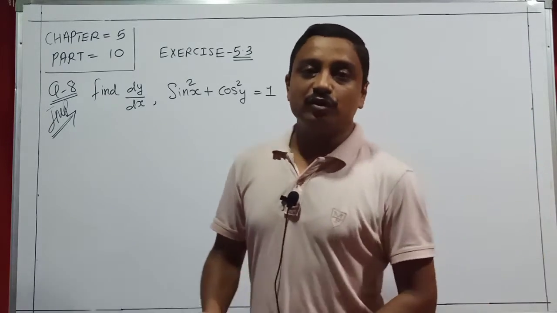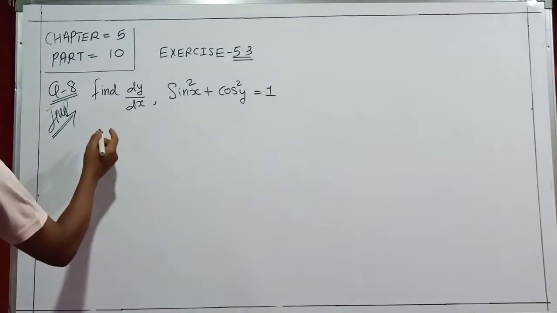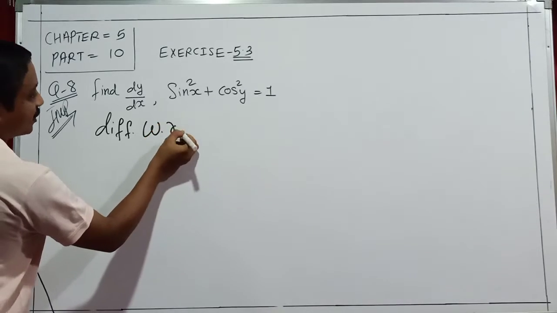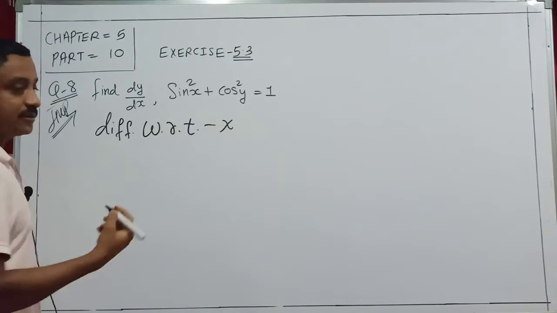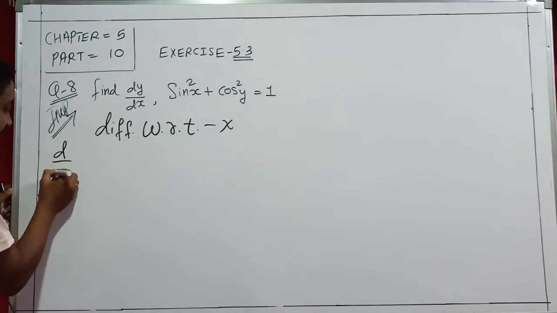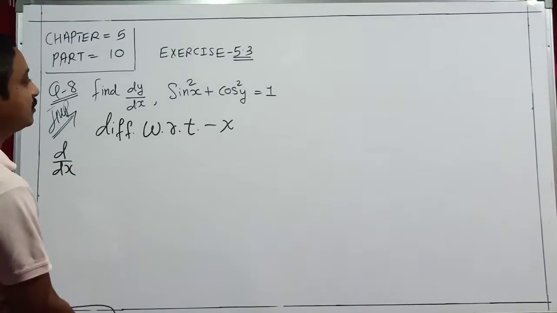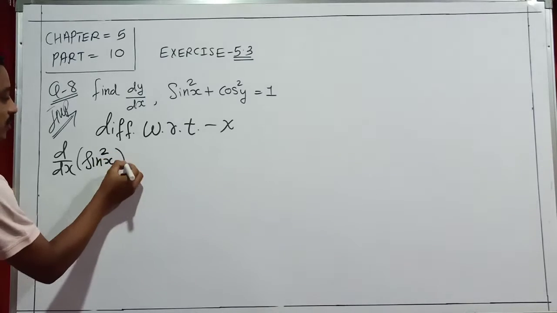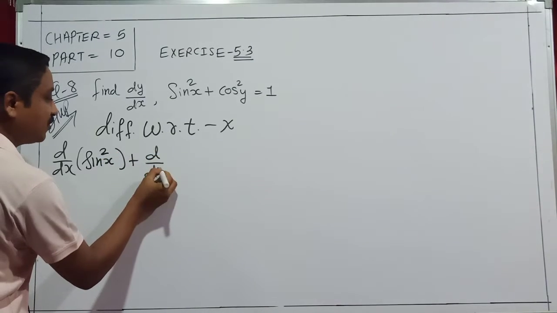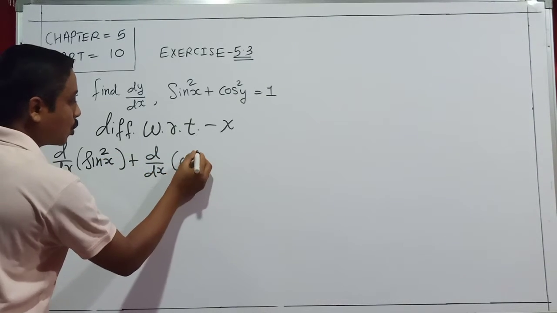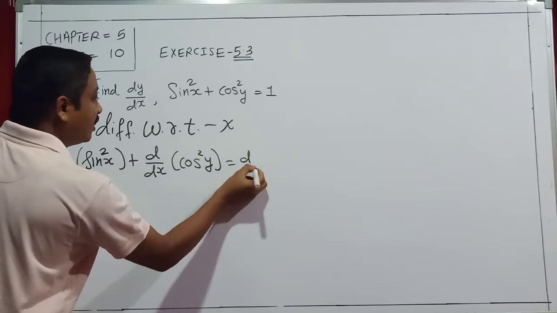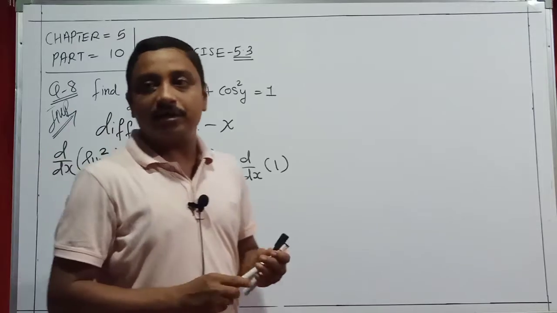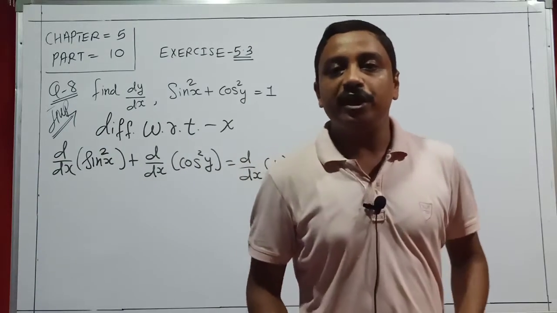So first of all I am going to do basic differentiation with respect to x. So d/dx of our first function sin square x, similarly d/dx of cos square y function, and d/dx of 1. Now students, I operate on one of the functions.